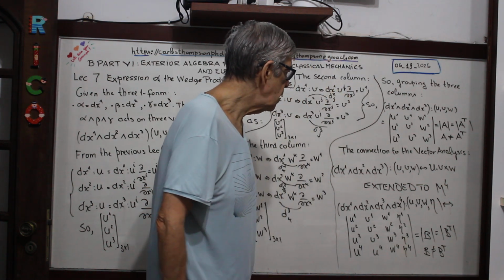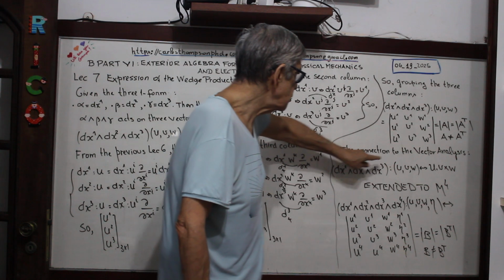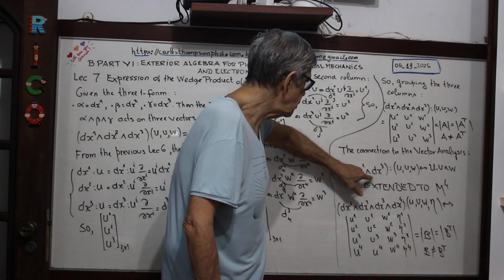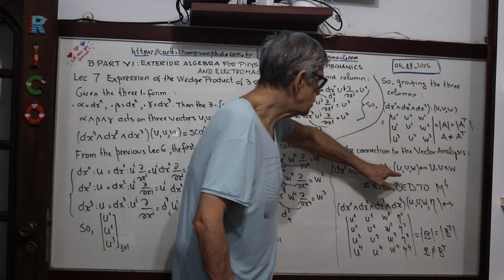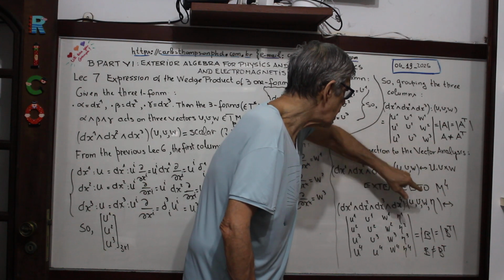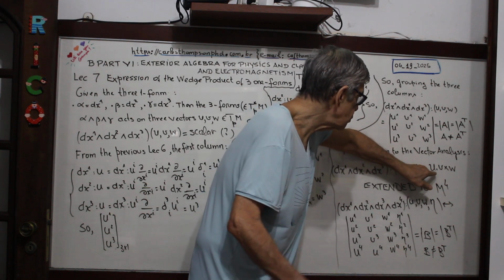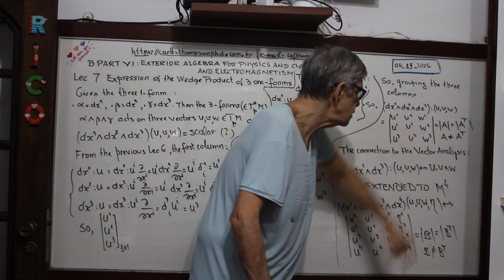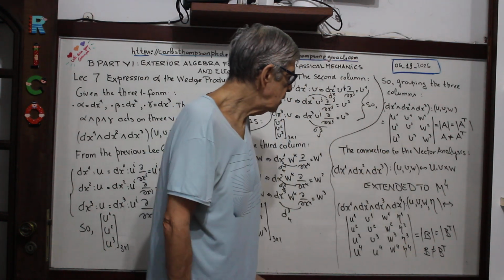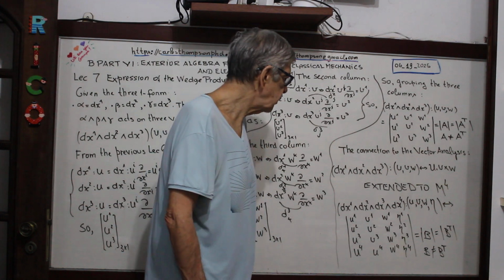That's important. So the connection to the vector analysis, dx1, dx2, and dx3 acting on u, v, w, this connection is analogous to u dot v cross w. You see the mixed product, okay, in the vector calculus.